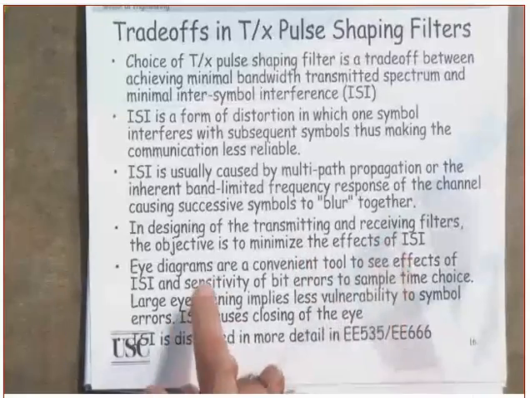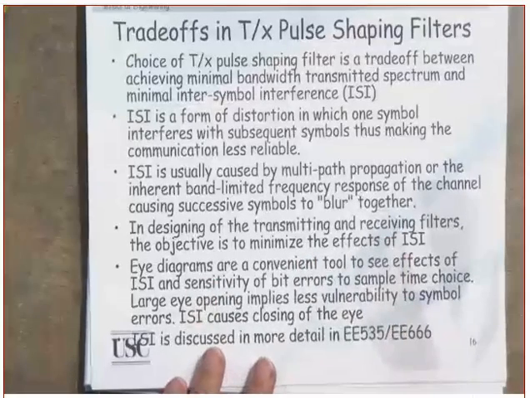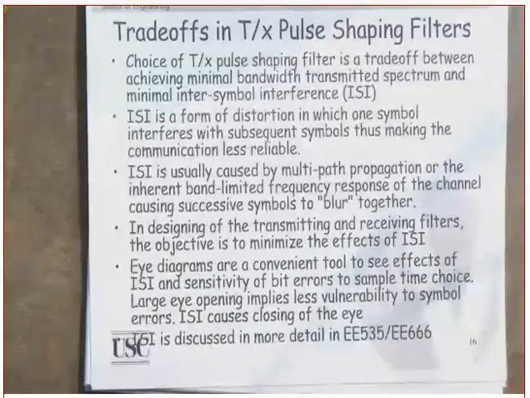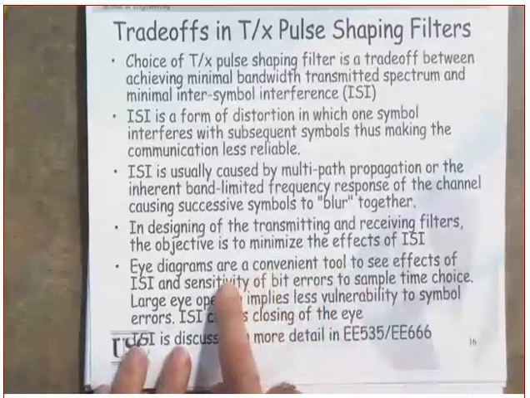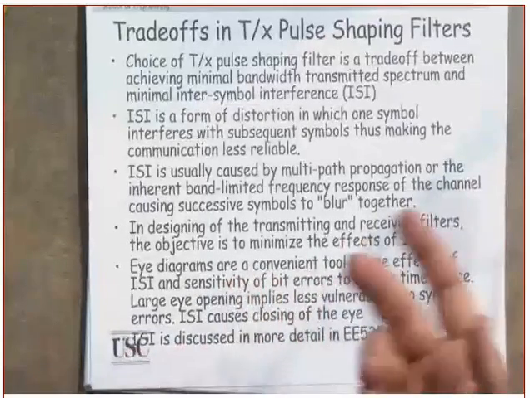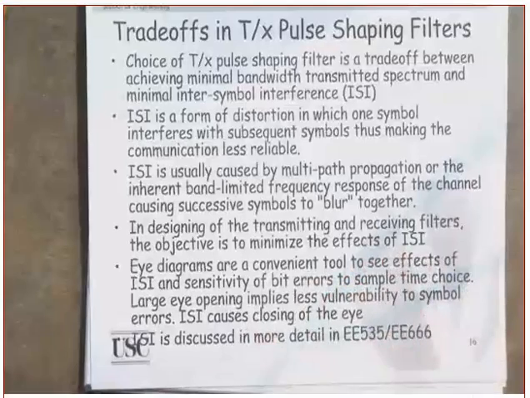You judge the ISI through the use of what is known as eye diagrams. Another way to see the effect is through simulating the bit error probability. Are you following me or not? Or the magnitude error vector, that will give you an idea about whether intersymbol interference is happening or not.